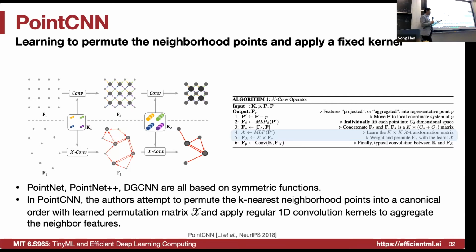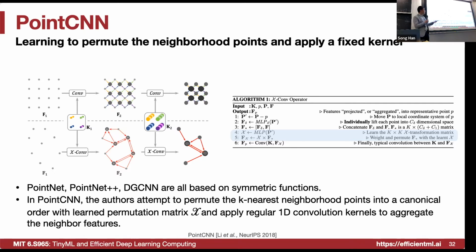Different from PointNet, PointNet++, etc., they are all based on symmetric functions. No matter where you are compared with the centroid, we are going to apply the same transformation. But in PointCNN, the authors attempt to permute the K nearest neighborhood points into a canonical order with a learned permutation matrix, and then apply this regular 1D convolution to aggregate the neighborhood features.